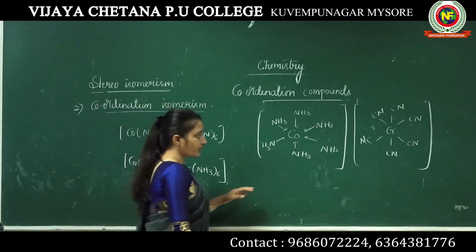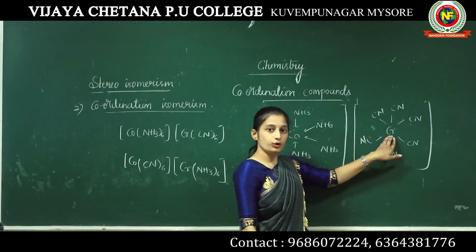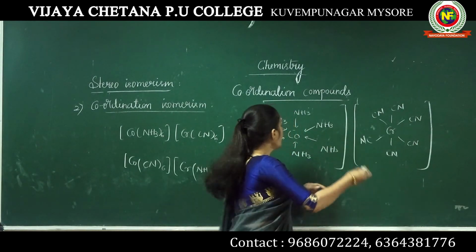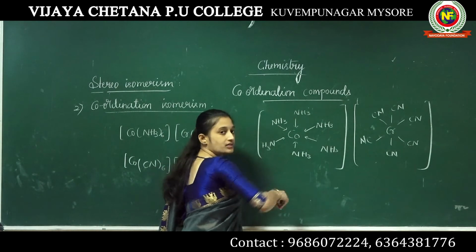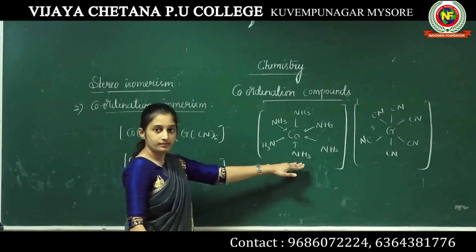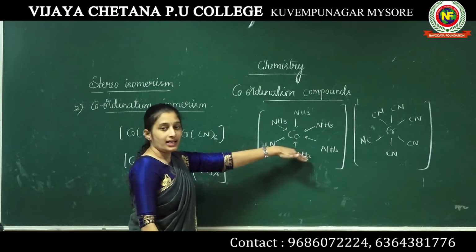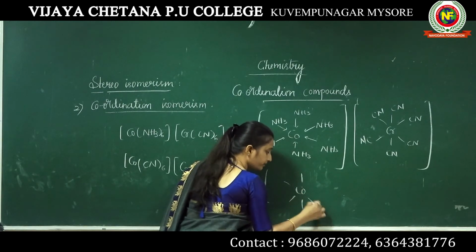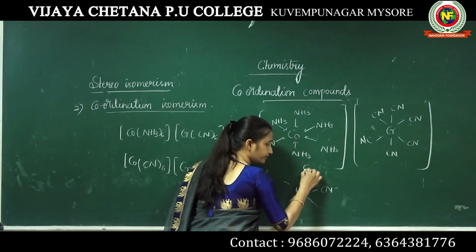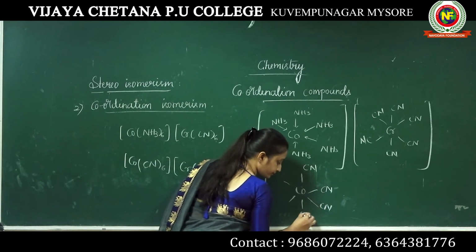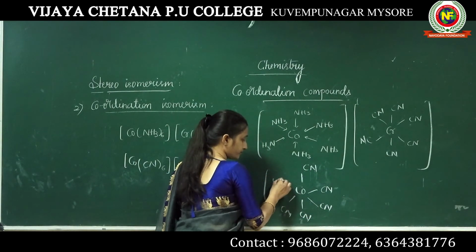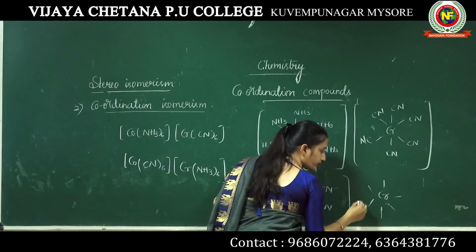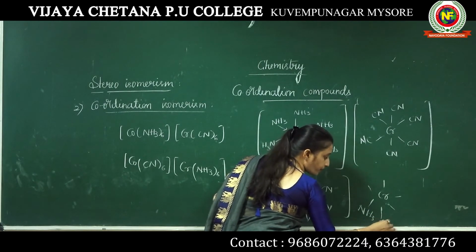See the beauty here. Around chromium, CN groups are surrounded, means cyanido groups are surrounded. Around cobalt, amine groups are surrounding. And its isomer: around cobalt, CN, and around chromium, ammonia groups.